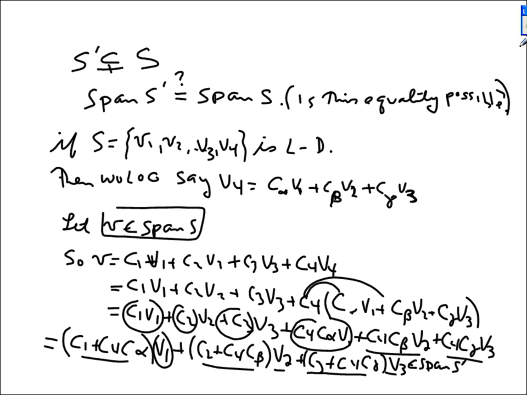Of course, if you're in the span of S prime, I can show you that you're in the span of S. So right now, I have this. To show equal, I have to show it the other way.